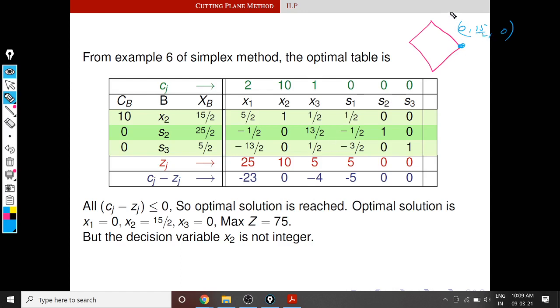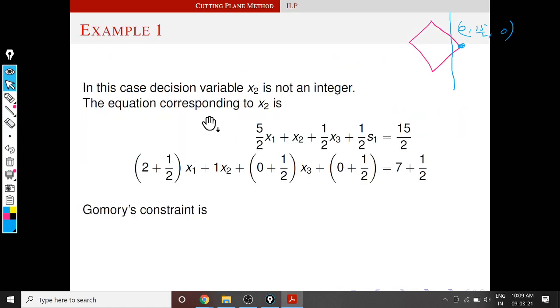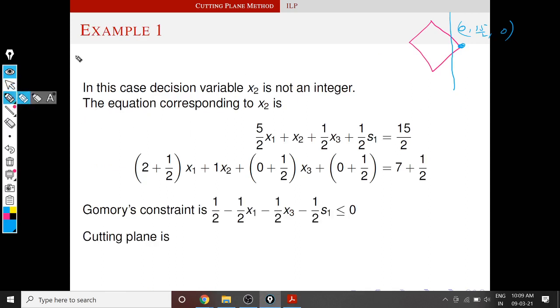So we introduce a cutting plane that is called Gomory's cutting plane. In this example, the cutting plane is minus x1 by 2 minus x3 by 2 minus s1 by 2 less than or equal to minus 1 by 2.